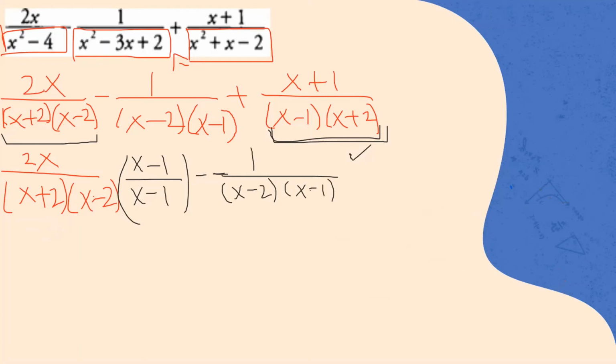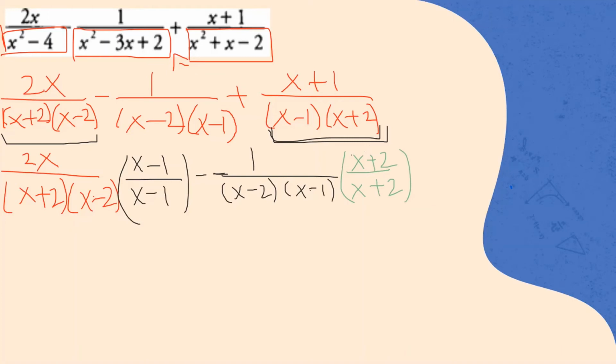Right, and then what should I be multiplying the denominator of this one with, so that it has everything that the rest of the denominators have? So I take a look. x plus 2.